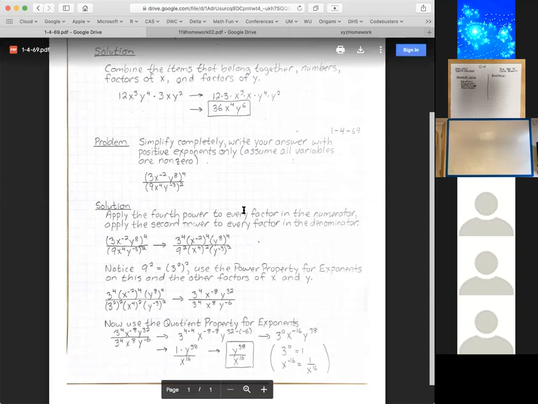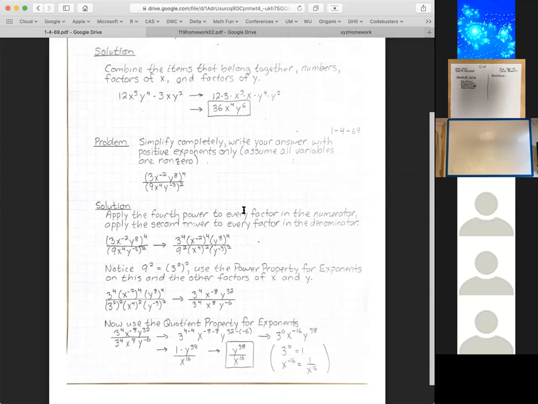So the answer to your question, what level of writing are you aiming for, is not more or less than I show you here. Being complete, and as we go along, you'll get a feeling for what it means to be complete. That's why I want you to hand in one problem a week, so I can read that and write on there, okay, good explanation. Can you show me this work here?